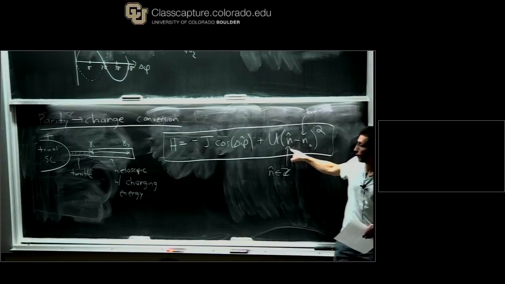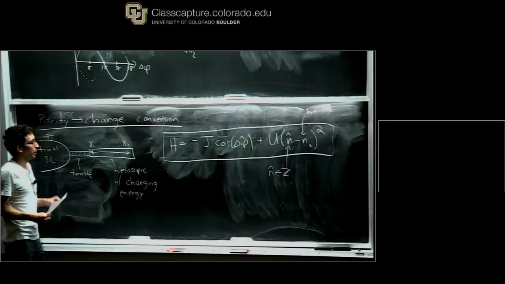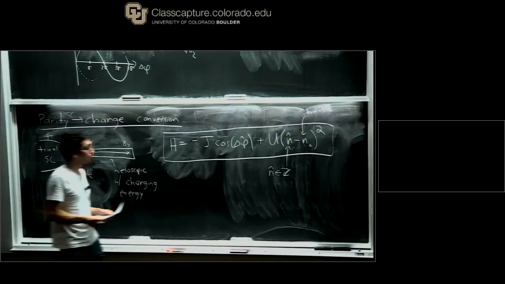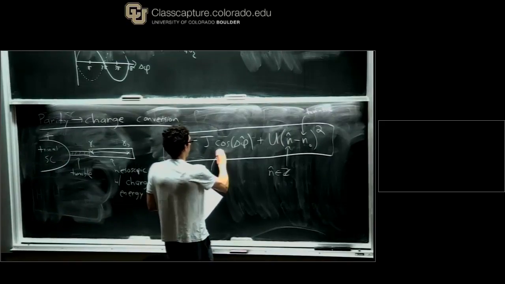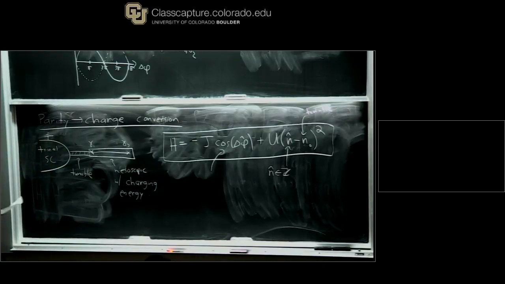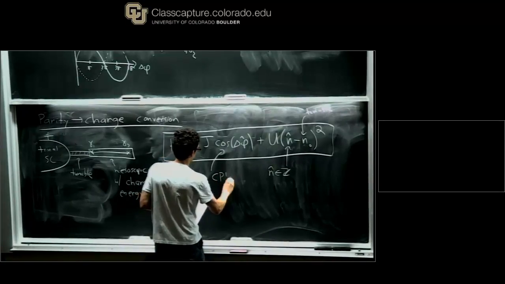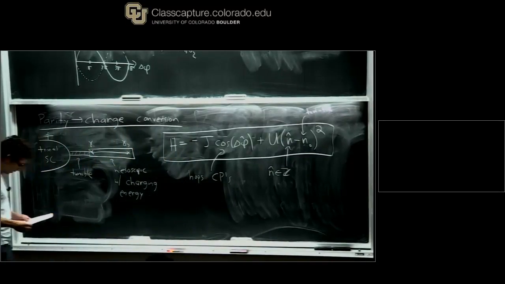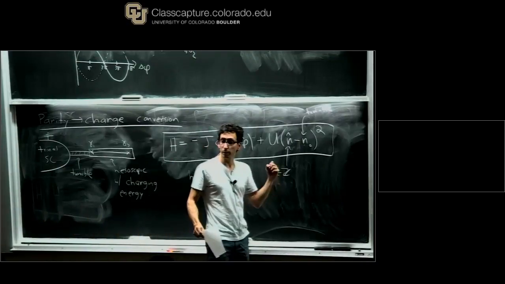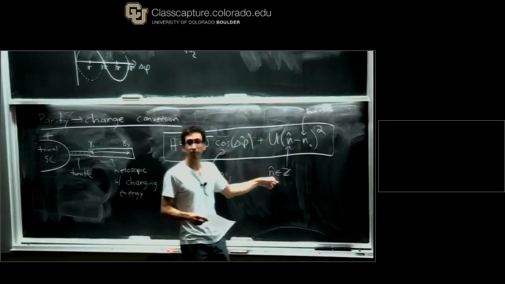Because we have these gamma 1 and gamma 2 operators, we should be able to accommodate either an even or odd number of electrons on that region. Okay, so as I mentioned, cosine delta phi hops Cooper pairs (CP) back and forth. And because of my definition of n as being an integer, which counts the number of electrons rather than the number of Cooper pairs, this term changes n hat by 2, not by 1.